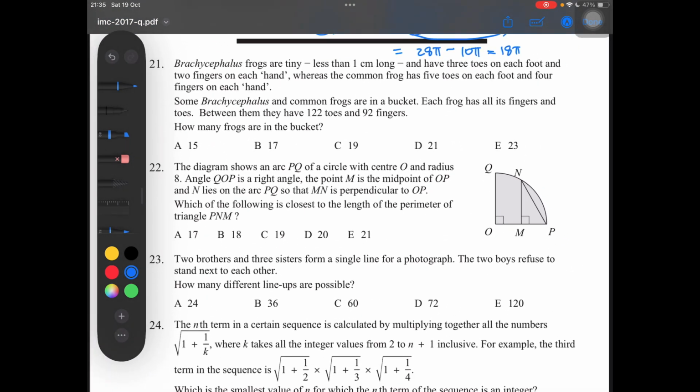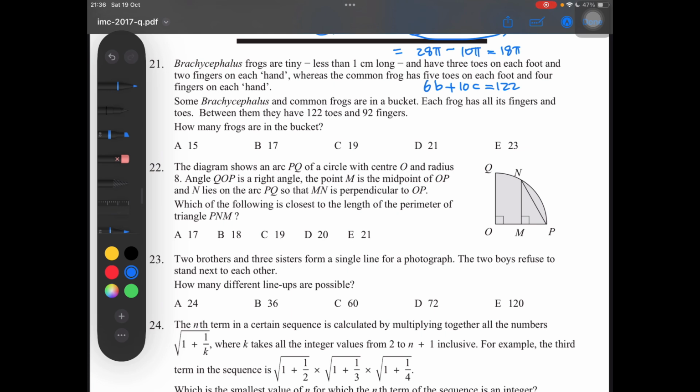Number 21. A tiny frog has 3 toes on each foot and 2 fingers on each hand. A common frog has 5 toes on each foot and 4 fingers on each hand. So one frog, like this tiny frog, has 6 toes and 4 fingers. And a common frog has 10 toes and 8 fingers. So 6 toes and 10 toes becomes 122.